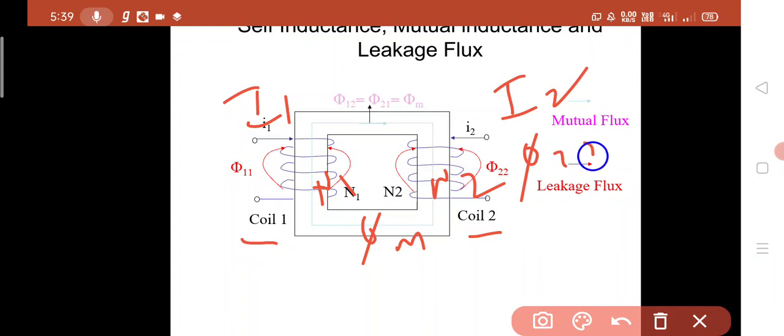This is the flux phi 22, and this is the flux phi 11. This is the leakage flux.